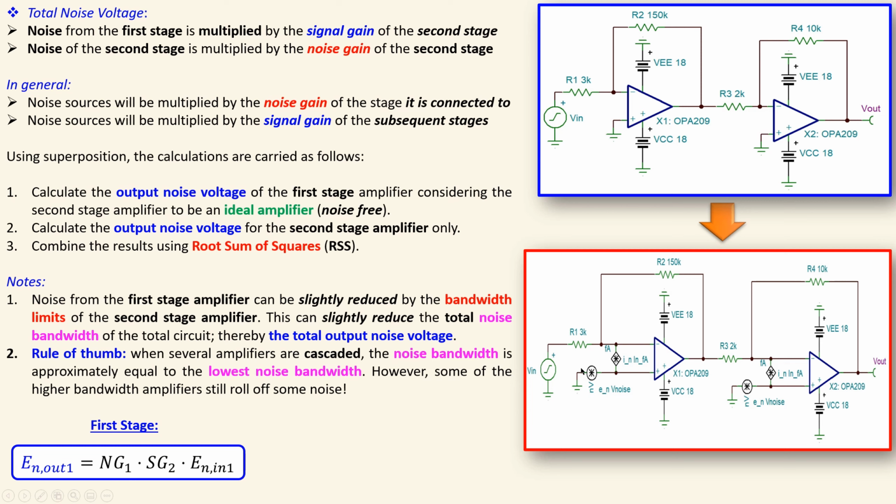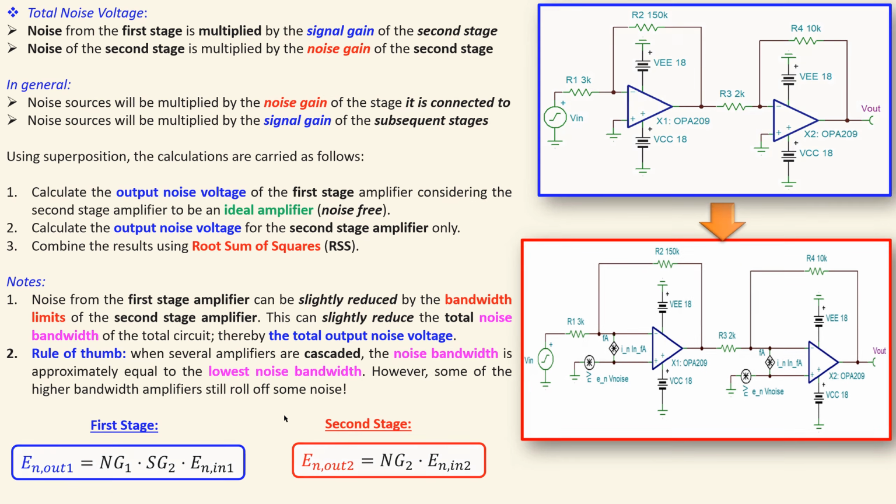So this will then produce this noise voltage at the output. Now the second stage on its own will do that in this form: the input referred RMS noise voltage of the second stage at this node times the noise gain of that stage, and that will also be an output noise voltage at the output. Now those two will be combined.